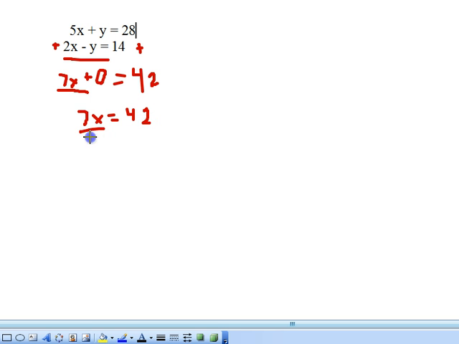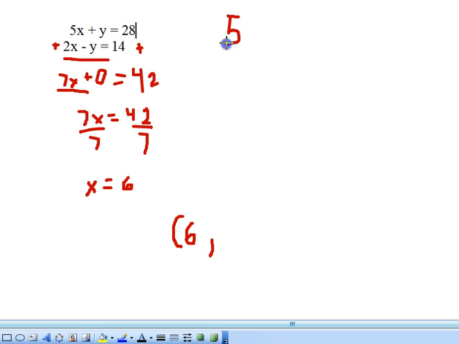Then we'll divide by 7 on both sides to get our x variable isolated. So then we get x is equal to 6, because 42 divided by 7 is 6. Okay, we have the first part of our solution. The x is 6. Come up to our original equation.